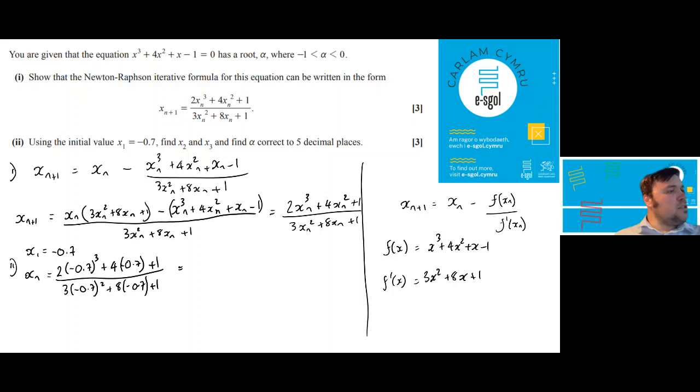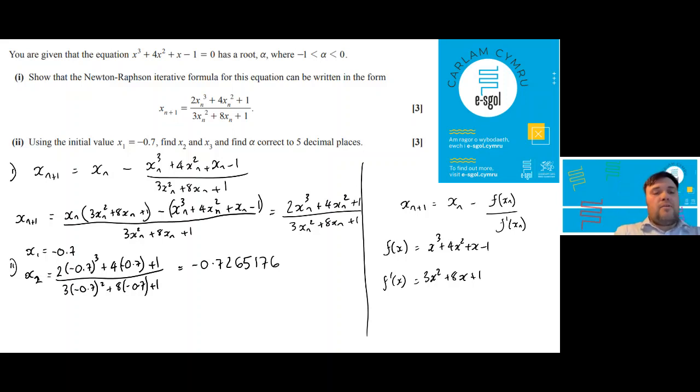That gives an answer of, because I've already worked these out, minus 0.7265176. Sorry, that should be x_2.